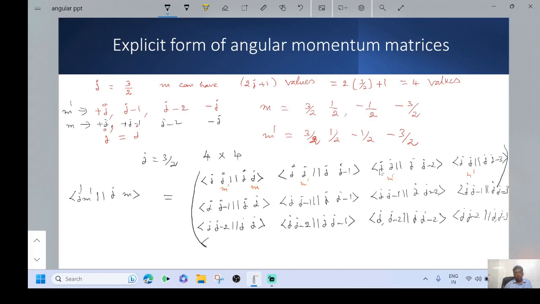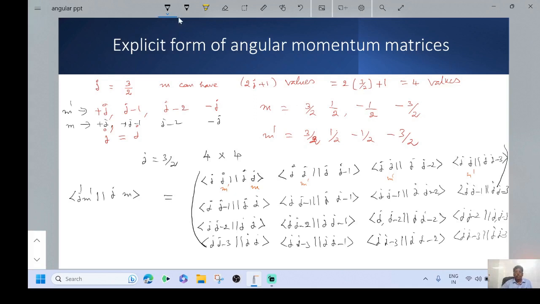The last row: j, j minus 3, with m values j, j minus 1, j, j minus 2, j, j minus 3.